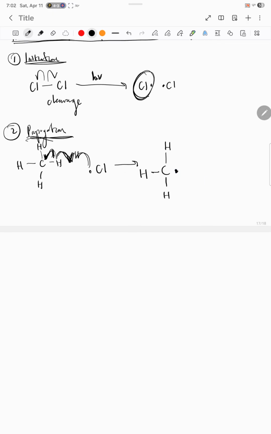Following this, we'll have HCl. Not really sure if this would be termination or propagation, but on the key it says it's part of propagation.